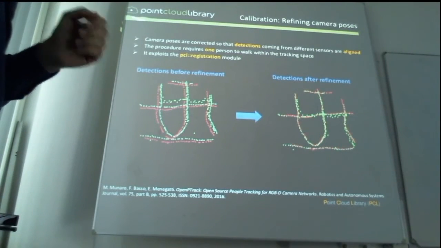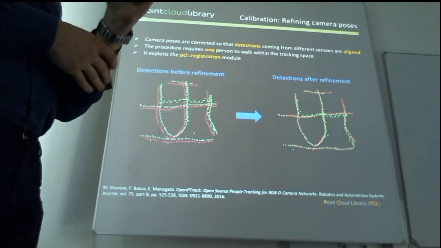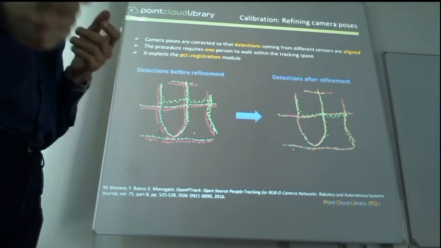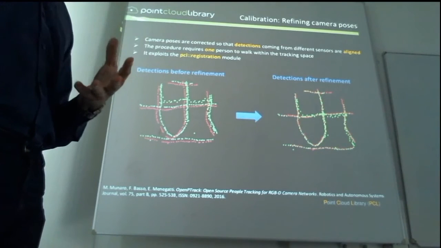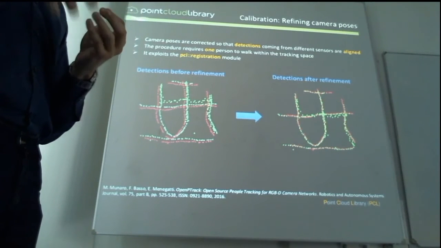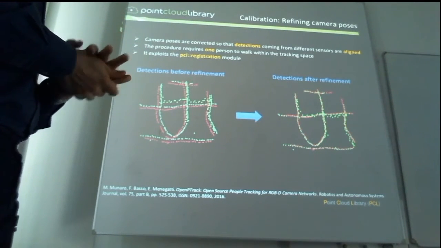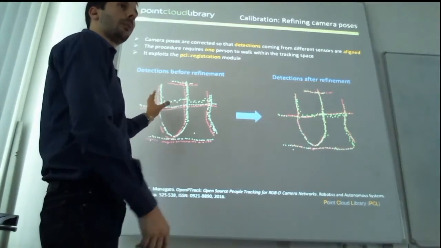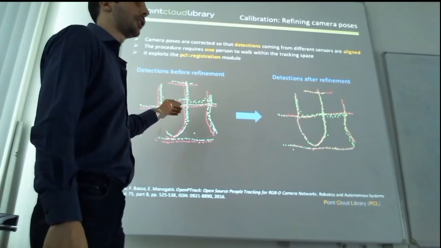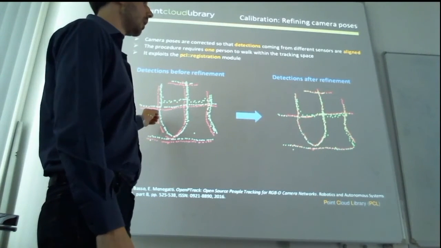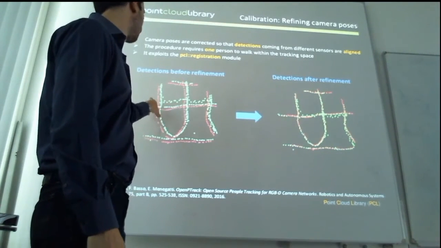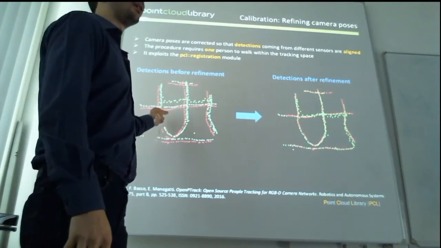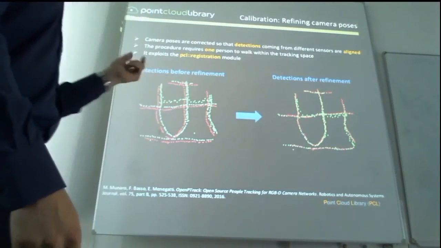And as I was saying, this is not the only calibration, because there can still be some human errors, or when you have a large network of cameras, you can have some propagation of errors, and you end up with people detections by different cameras not really overlapping. Here you can see detections from different cameras after the first step of calibration. Each color is a different camera, and you can see there is an offset.